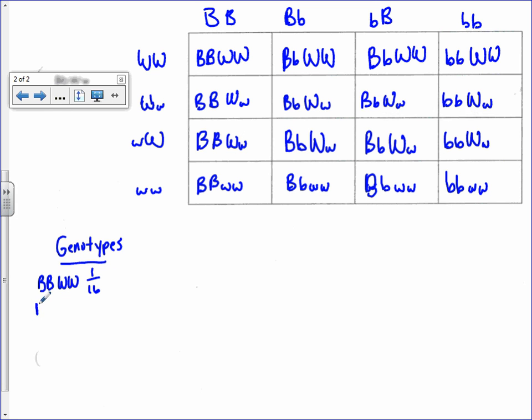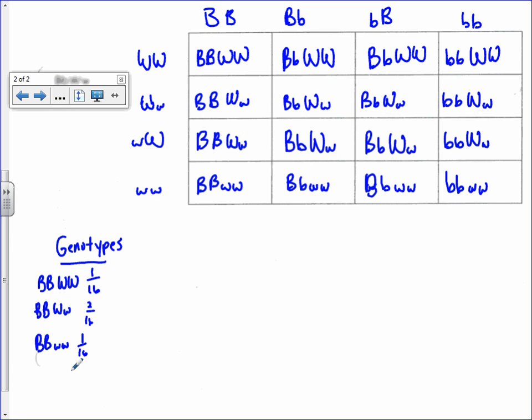And for homozygous dominant and heterozygous for texture, we have 1, 2 of those. So that's going to be 2 out of a 16 possibility there. And for homozygous dominant and then homozygous recessive, we again have 1 out of 16 there.